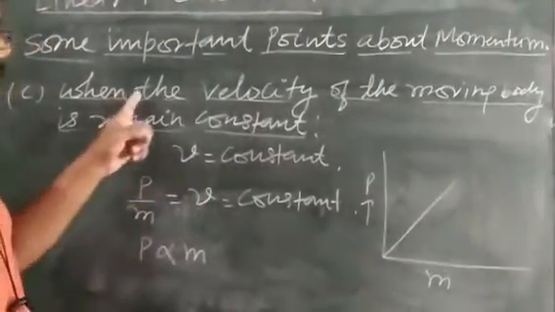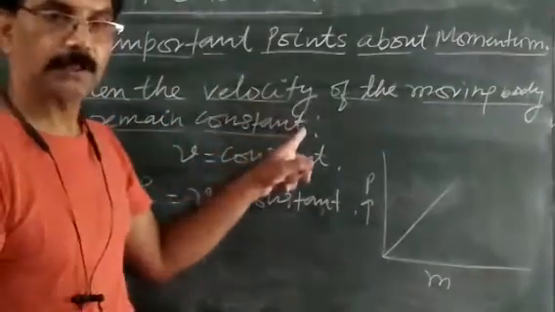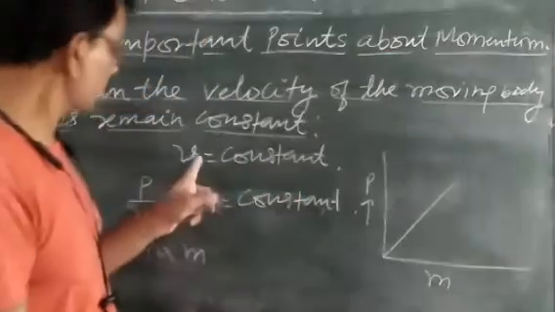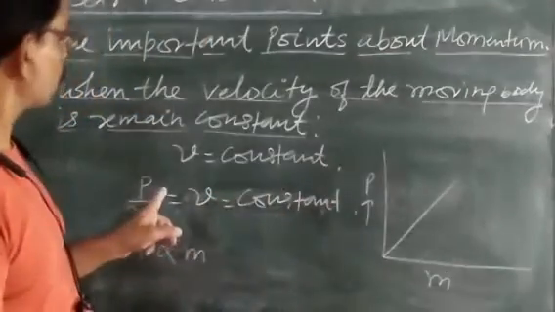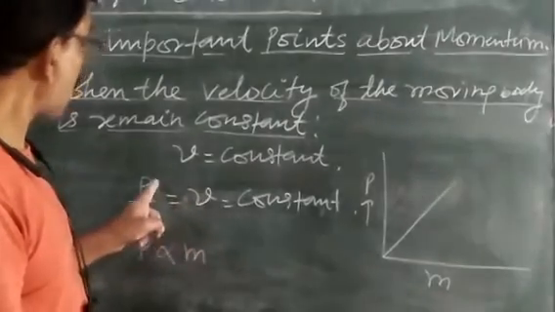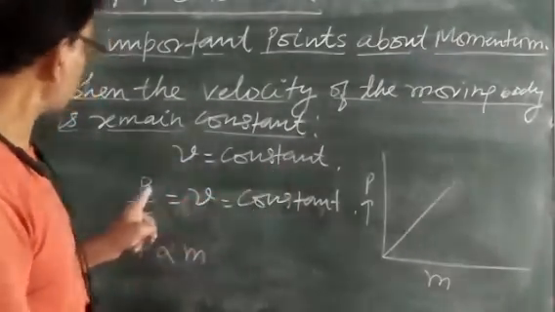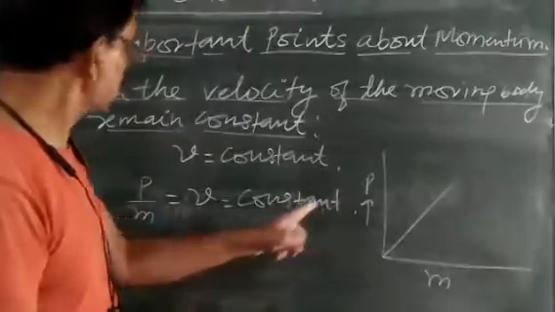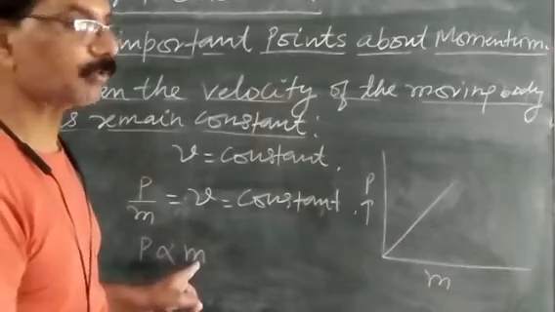And the third case, when the velocity of the moving body remains constant. If the velocity is constant, then v is equal to constant. And P is equal to mv, or P upon m is equal to v, and v is constant, so P upon m is equal to constant. And if P upon m is constant, then P is directly proportional to m.